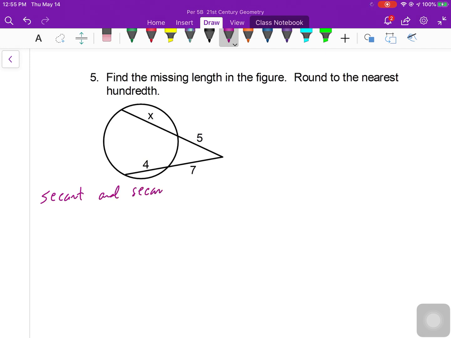This one is just a little bit different. In this particular problem, we actually have a secant and another secant. So for both of them, we're going to use outside times whole.